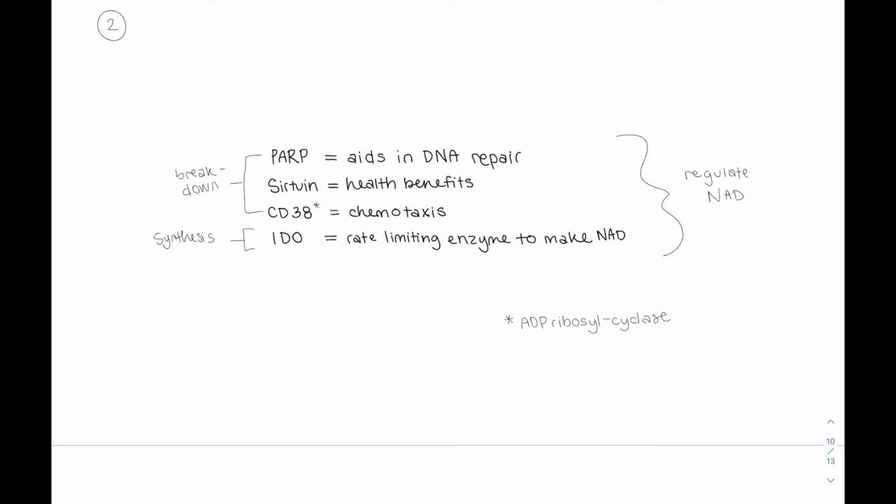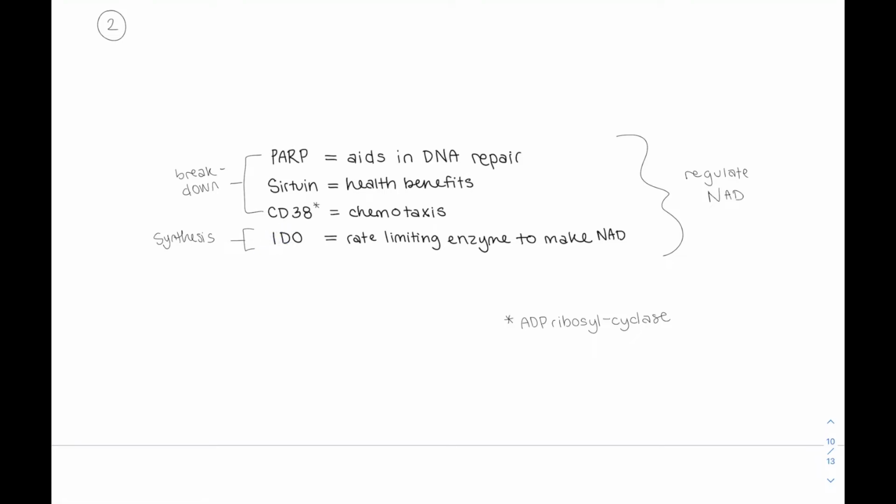IDO is the rate-limiting enzyme in order to make NAD. It controls the NAD by altering tryptophan concentrations. So now this can't always be turned on.